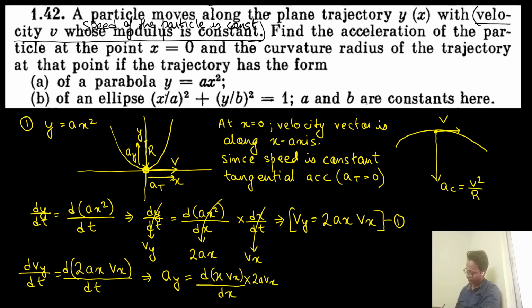This can be written as ay is equal to 2a vx into x into dvx by dx plus vx into dx by dx. Now I'll take this equation on the next page.